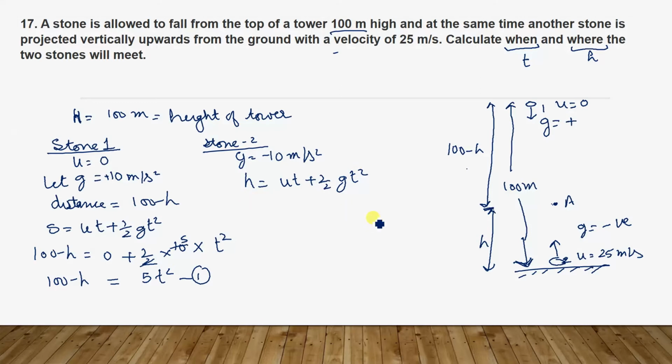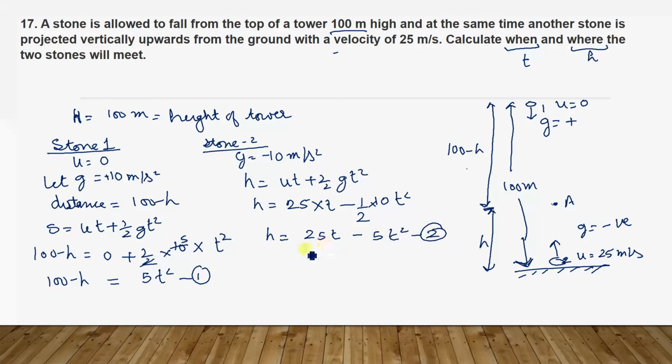Its height is h, it is going from the bottom up to h, so we'll take it as h. Initially it is moving with 25 into t. g is taken to be negative, so I am taking a minus sign, half, and 10 and t square. So here h equals 25t minus 5t square. Let's take it as equation number 2.